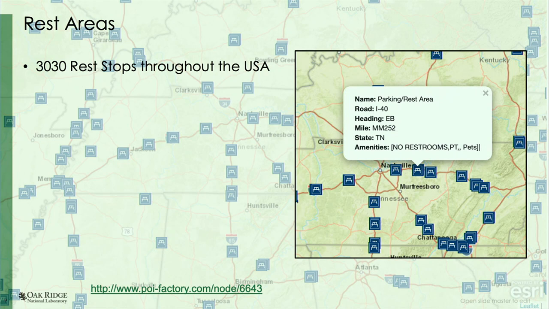For the rest areas, we have about 3,000 throughout the entire US. That is crowdsourced data. Anyone can update that, so legitimacy may be a little bit more questionable than USDOT data, but it seems to be maintained reasonably well.